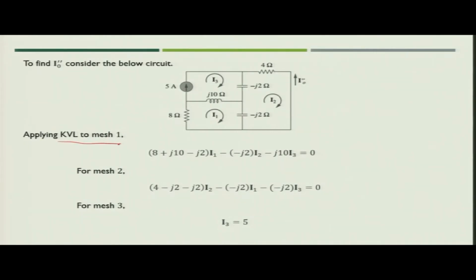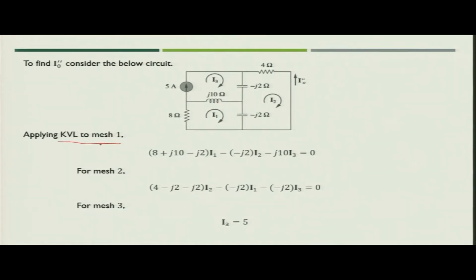For loop 1, or mesh 1, the equation you can write as (8 plus j10 minus j2) into I1, minus (minus j2) into I2, because I1 and I2 are in opposite directions here, and then minus j10 I3, because I3 and I1 are also in opposite directions.